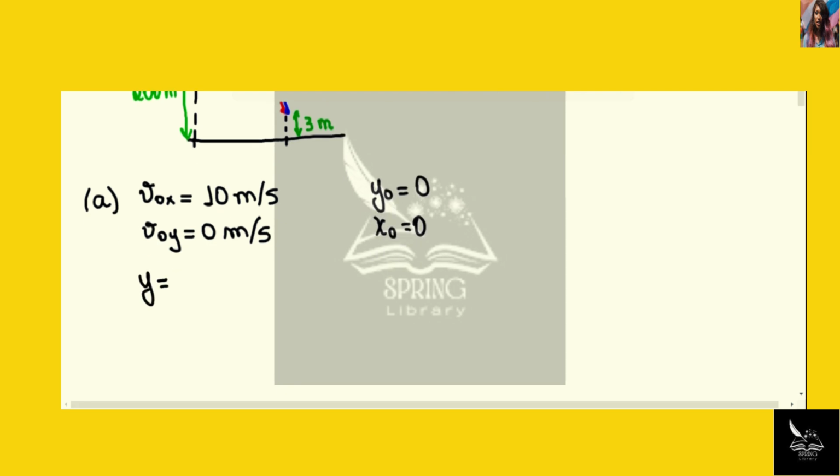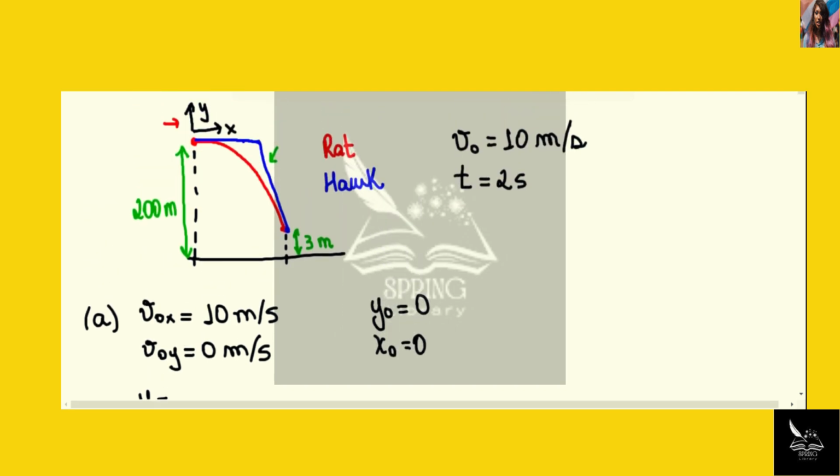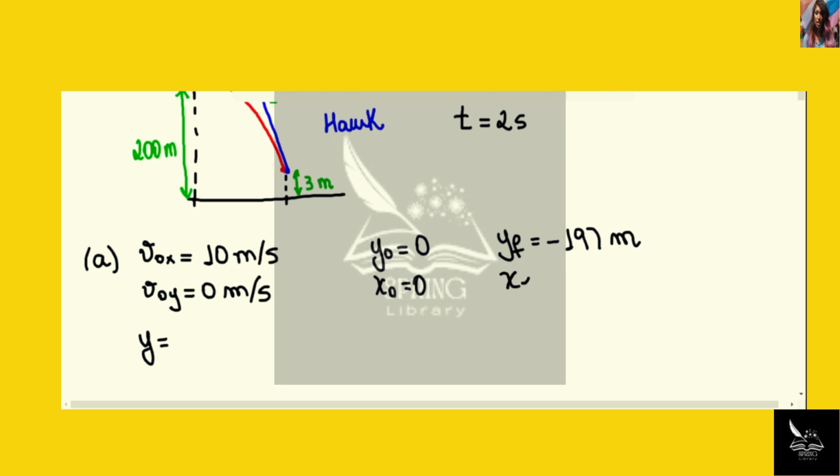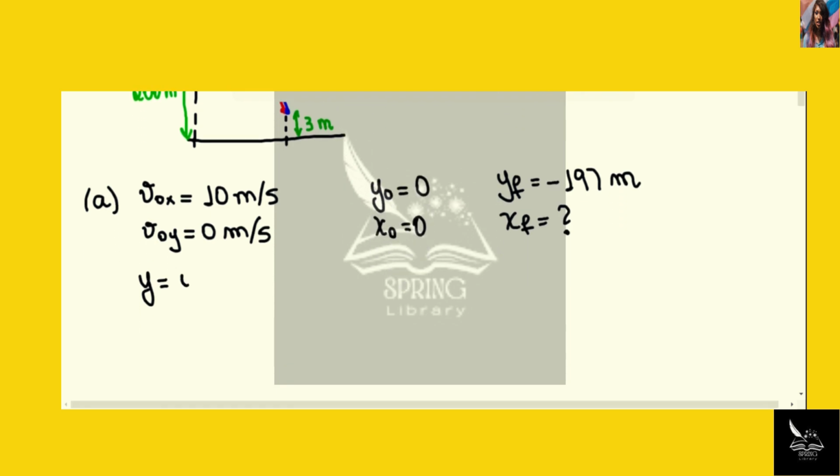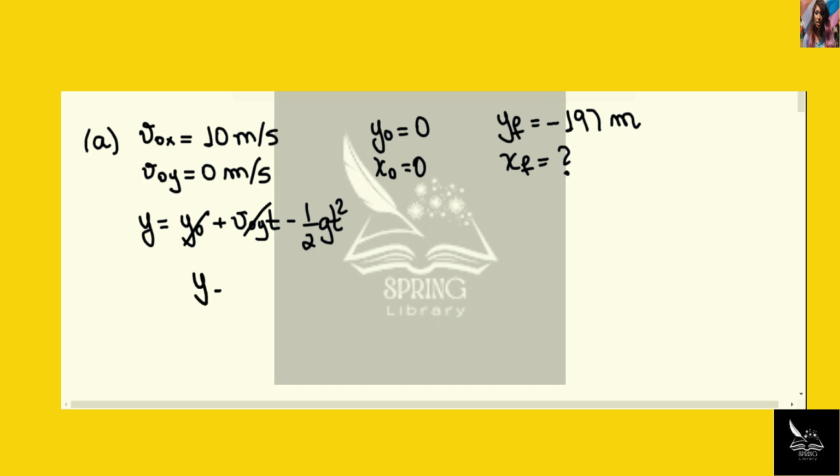It's also important to notice that the final y of the rat, when the hawk gets the rat back, is minus 197 meters. That's just 200 minus 3. I'm going to use the equation for the y-coordinate: y equals y0 plus v0y t minus 1/2 g t squared. y0 is 0, and so is v0y, so y equals minus 1/2 g t squared.